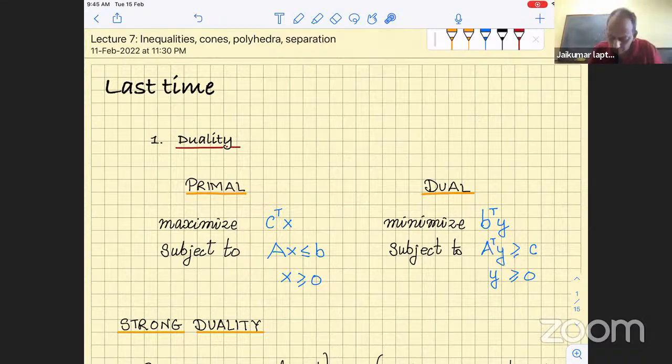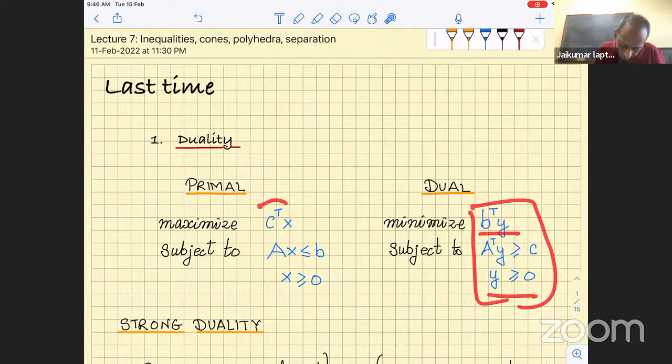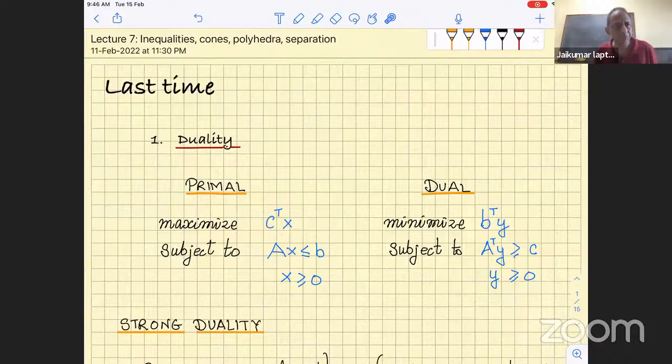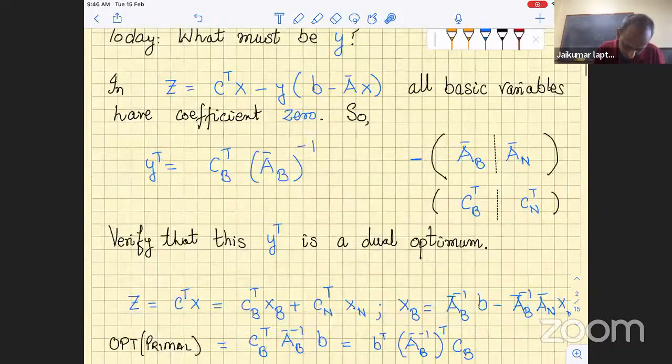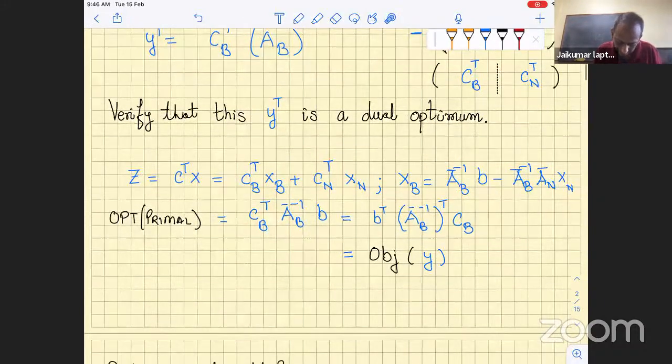Once we have done these two, we would have established that this Y bar is a feasible solution and its value matches the optimum of the primal. And we already know that it can't do any better. It's just routine things we need to do.